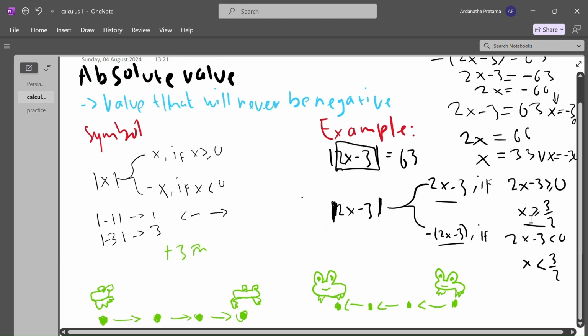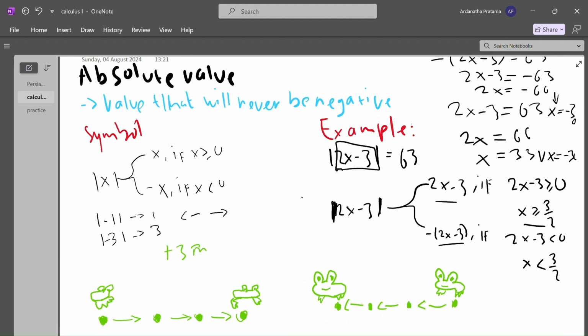Maybe I will use this frog illustration to make it clearer. If we have a frog right here, and he jumps 3 paths, or 3 meters, and if he turns around, he goes back to his position.